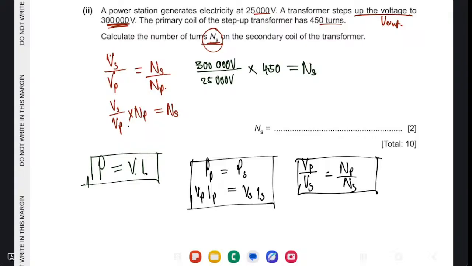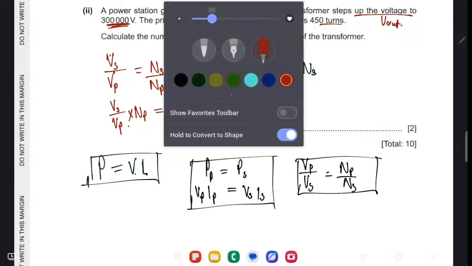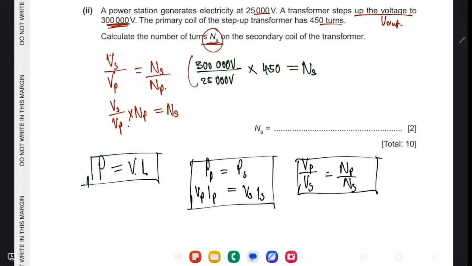Right. Who's going to give me the answer here? Thema. Oh, this one is for Tapelo. Tapelo, what's the answer here? Say 300,000 divided by 25,000, then say times 450. What do you get, Mr. Taps? Tapelo? Tapelo, what's the answer?